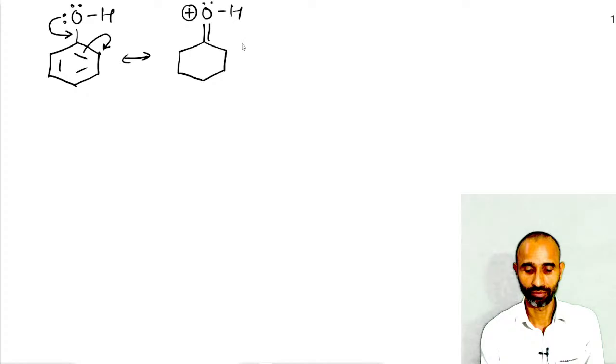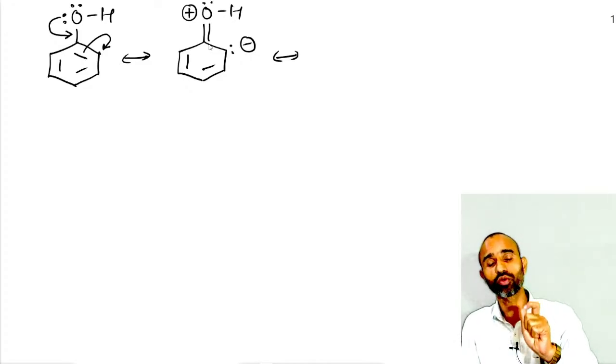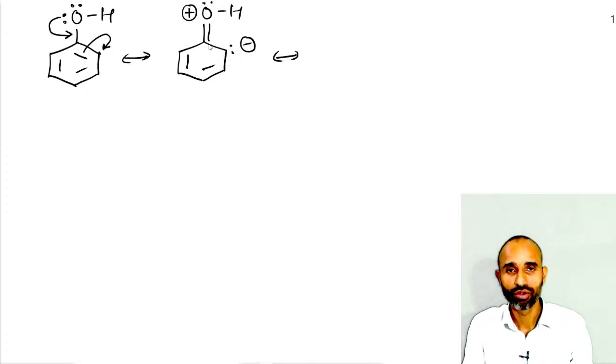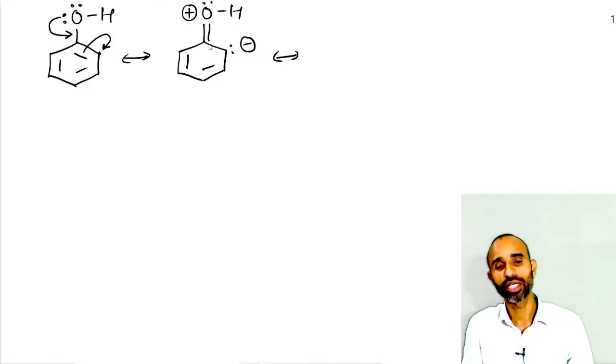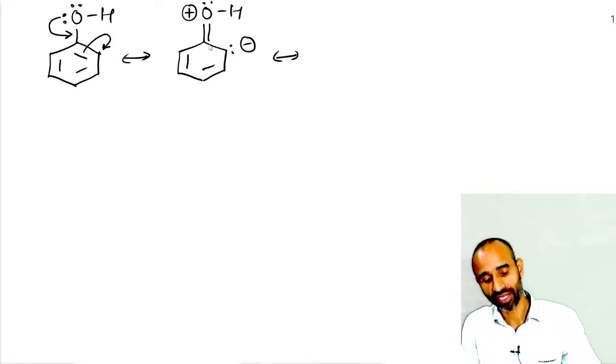So see, it is like this. Now because OH is an electron releasing group, it will increase electron density on the benzene ring. So whenever electron density on the benzene ring increases, which species will attack on it, electrophile or nucleophile?